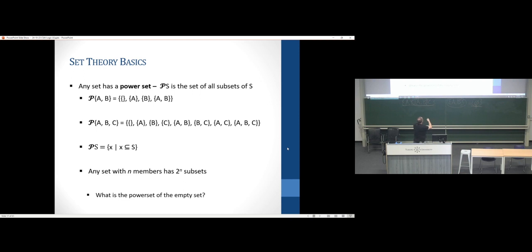So I feed in the set containing A, B, and I get out a set whose members are all of the original set's subsets. So in this case, we get the null set, because remember, it's a subset of every set. We get singleton A, singleton B, and the original set we started with, because everything is less than or equal to itself.